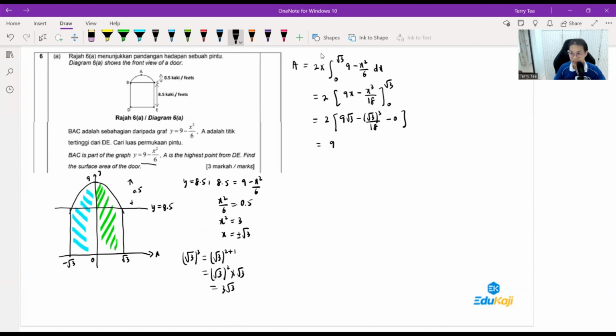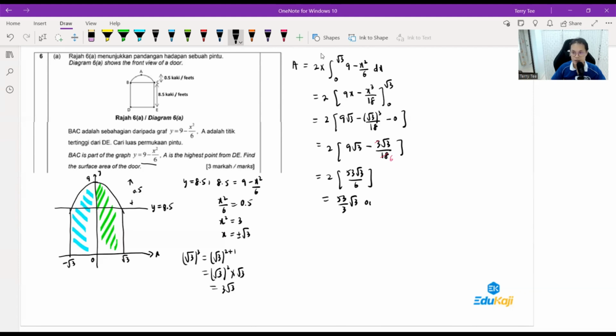I want to leave my answer in root form; we can leave it in decimal form because the question didn't specify, but I'll leave it as 3 root 3 over 18, which we can cancel, leaving 6. 9 times 3 times 6 is 54. 54 minus 1 is 53. So this will be 53 root 3 over 6, which is 53 over 3 root 3.